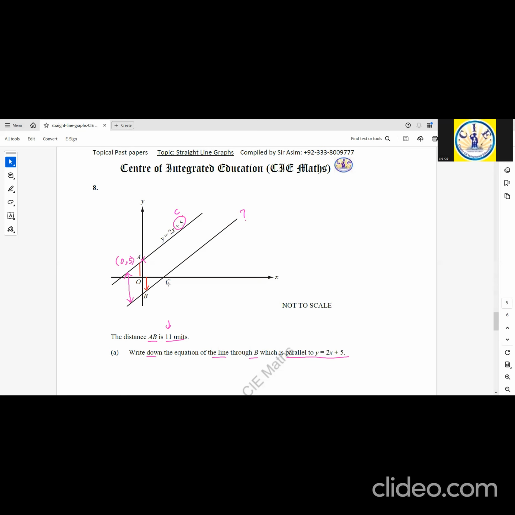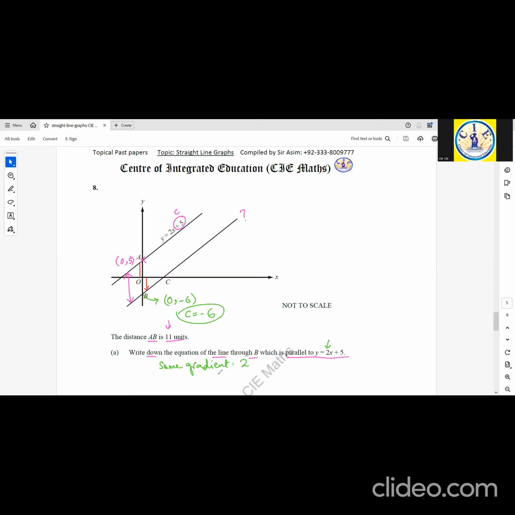And since the line is parallel to the given line, it should have the same gradient, that is 2. But the y-intercept, c, has been changed, and this point is x is 0 and y is -6. So the value of c for this is -6.